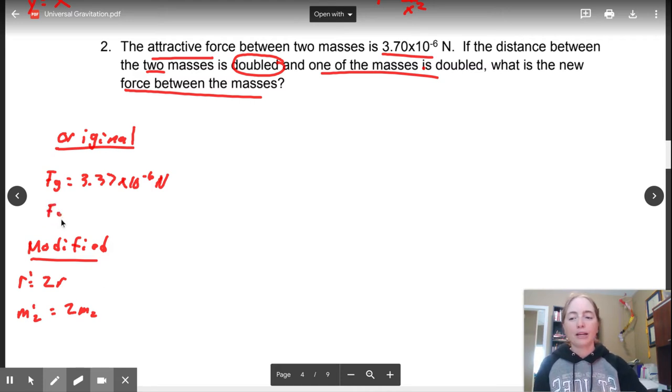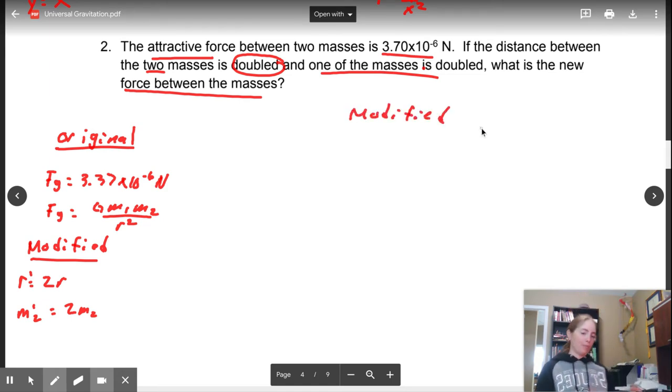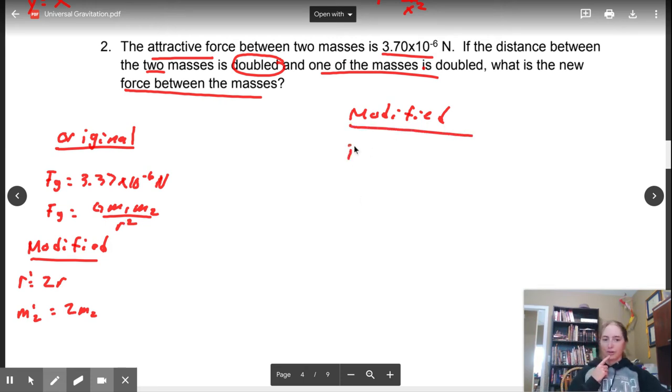Now remember, ladies and gentlemen, that Fg is also equal to G m1 m2 over r squared. So remember, same idea as what we've done before when we've done this particular style of question. So let's do some math with our modified values. We're going to be plonking in our new values. We're then going to factor out those numbers, and then we will take this number and replace it with that. So what I'm trying to find is Fg prime.